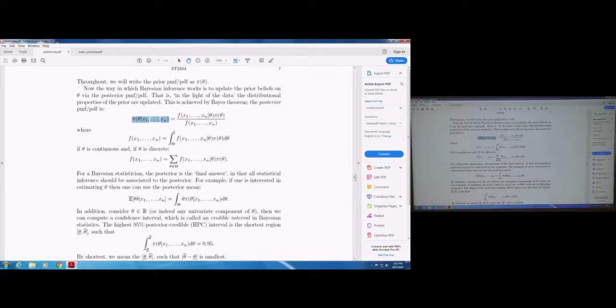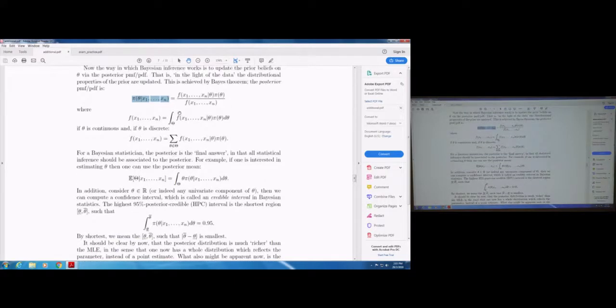Because if you remember going back to chapters 7 and 8, when we were looking at hypothesis tests and confidence intervals, a lot of our probability statements are made about the random sample, i.e. the data. But of course, when we observe data, typically we know what it is. It's not a random quantity. We know what we have observed. So here the idea of the paradigm is to shift the randomness to the unknown parameter theta.